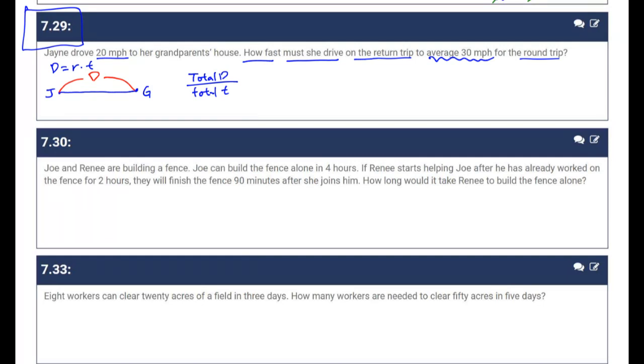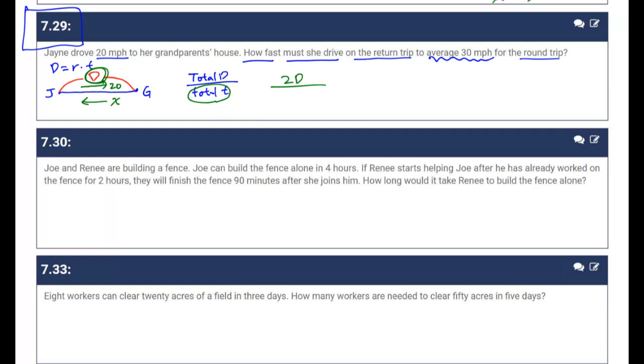And when she was going to grandparents' house, how fast was she? 20 miles per hour. But when she comes back, we don't know, that's x, right? Now, the total distance will be d and also d, so it'll be d plus d, going back and forth, right? So it'll be 2d.